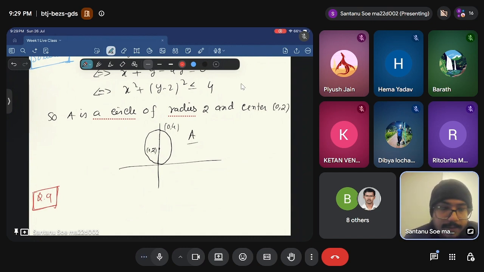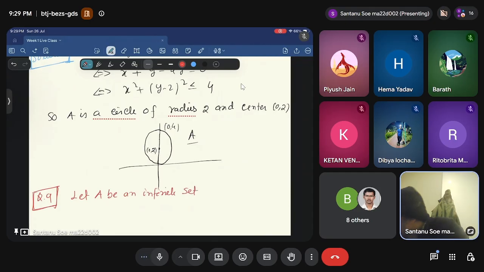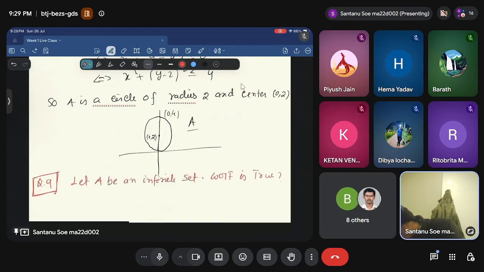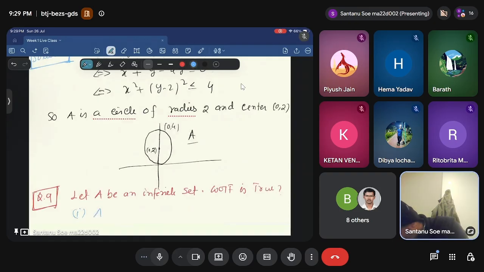I hope no, right? Okay, so let A be an infinite set, then which of the following is true? A is always countable. A is always uncountable.